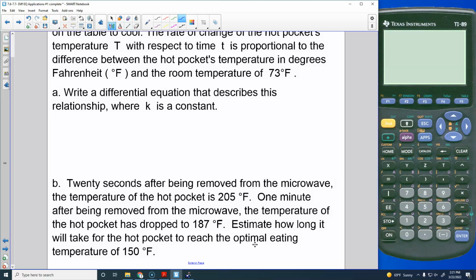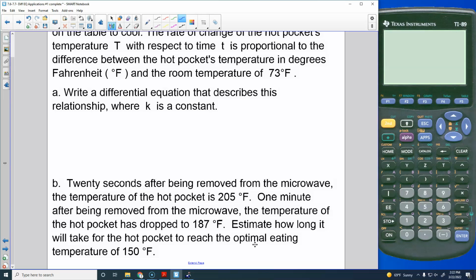We actually did this experiment one year. It's been like 3 years ago. We may do it after the AP exam here if we get time. We did pizza rolls instead of Hot Pockets so everybody could have pizza rolls. Yeah.